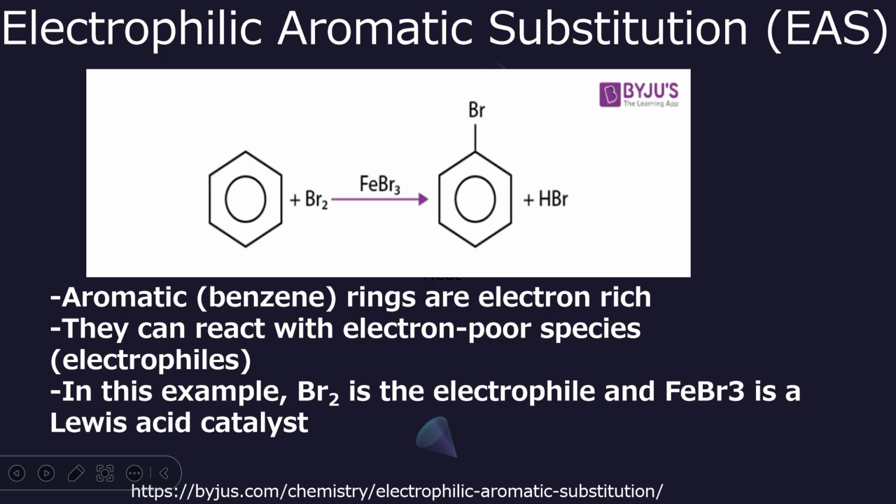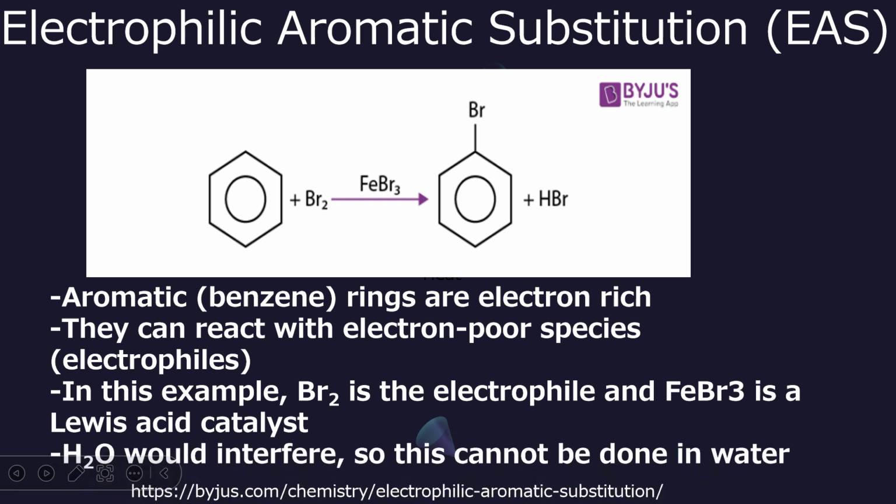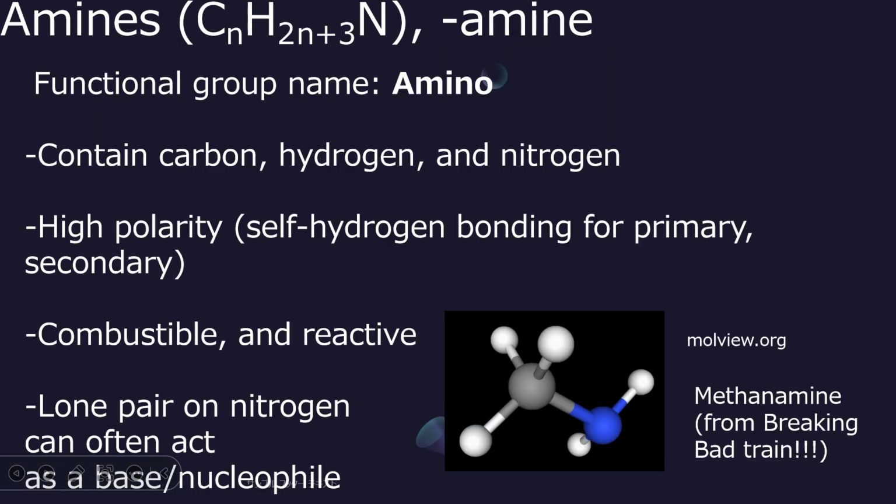And FeBr3 is a Lewis acid catalyst, so it will actually be regenerated and not consumed in this, ideally. And actually, H2O would interfere with this reaction, I think, so it needs to be done in a different, less reactive solvent. And again, this diagram is from Baiju's chemistry. That's all for benzene for this video, though.